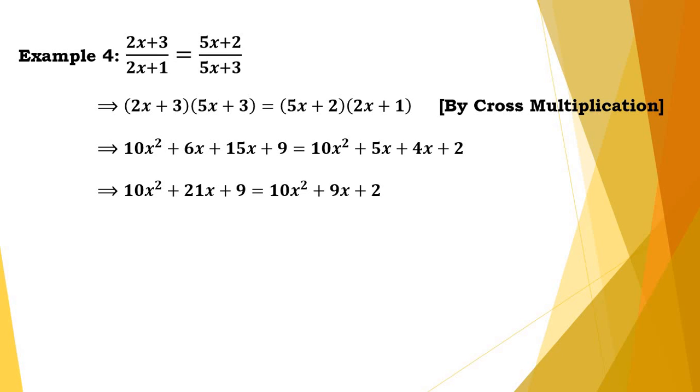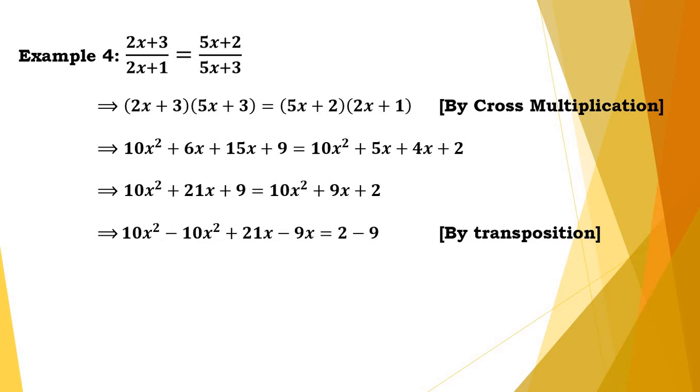Now we will transpose the terms to LHS and vice versa. Okay, so 10x square will come to LHS, 9x will come to LHS, and 9 will go to RHS, with the change in its sign. So 10x square minus 10x square plus 21x minus 9x is equal to 2 minus 9.